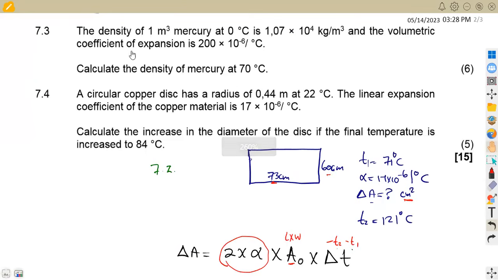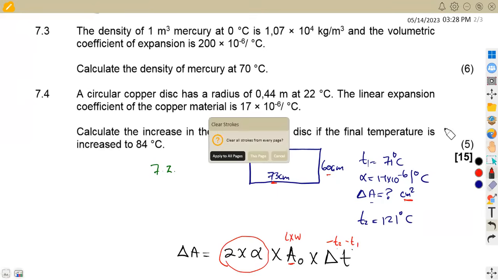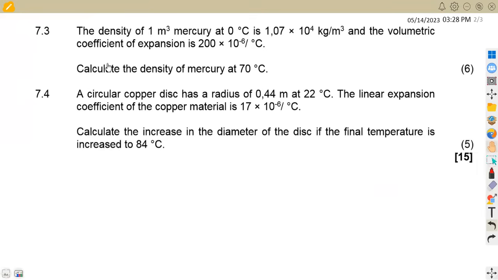We are given the density of 1 cubic meter of mercury. So here we have the volume that we are given in the first part, the 1 cubic meter. So that's 7.3.